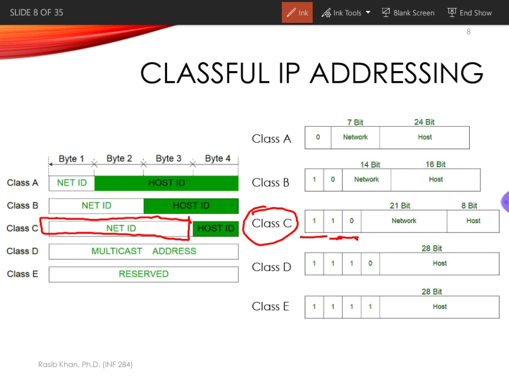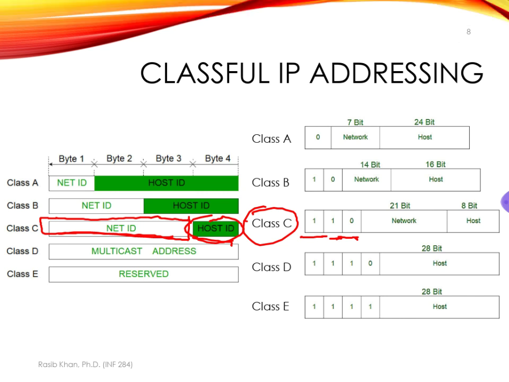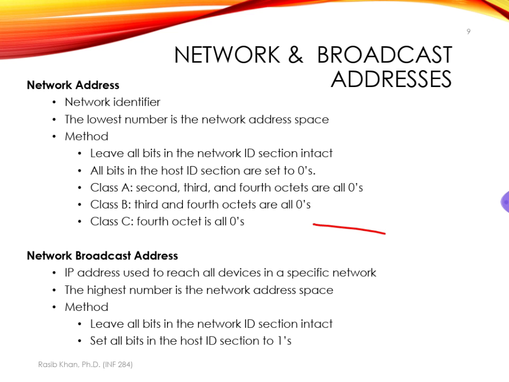So we leave this part intact, and for the 8 bits remaining for the host ID, we set it to all 1s. And we convert it into the equivalent decimal, which is going to be 255 for the host ID. The remaining net ID remains the same, and that would give us our broadcast address.